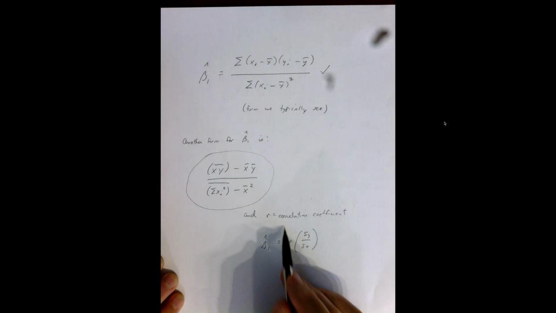And another one, if you have the correlation coefficient, this is a nice one because another form of finding the estimate for beta 1 is just the correlation coefficient times the ratio of the standard deviation for y over the standard deviation for x. So guys, lots of forms that we can use.